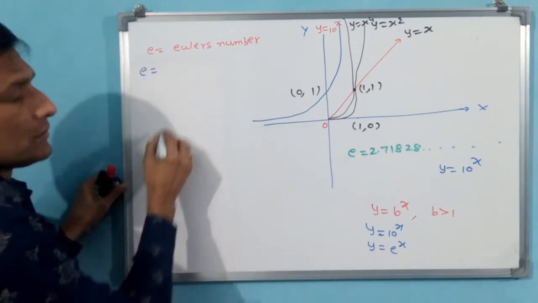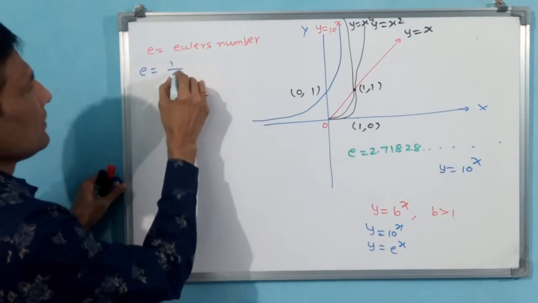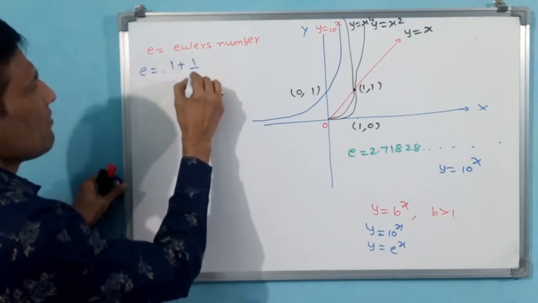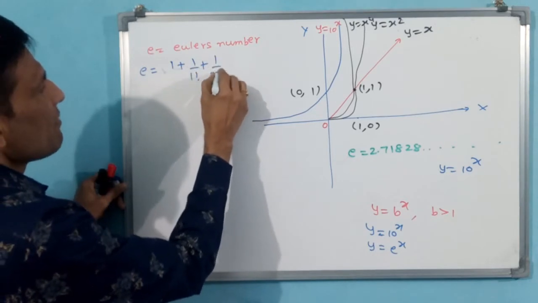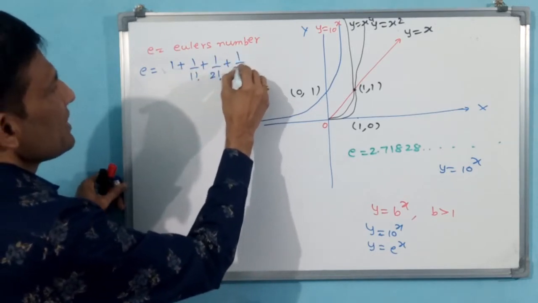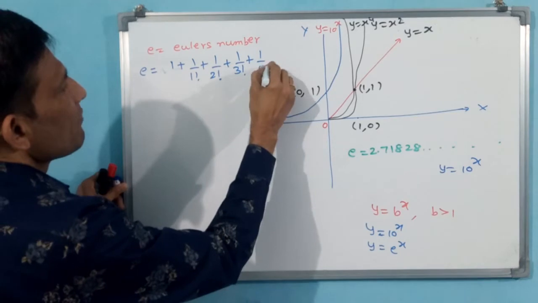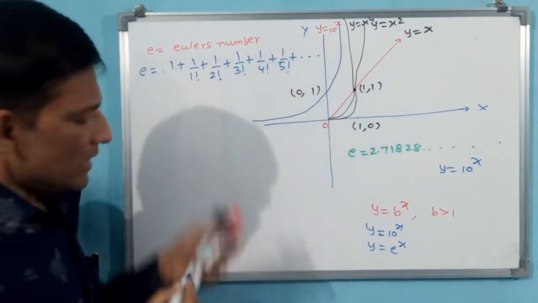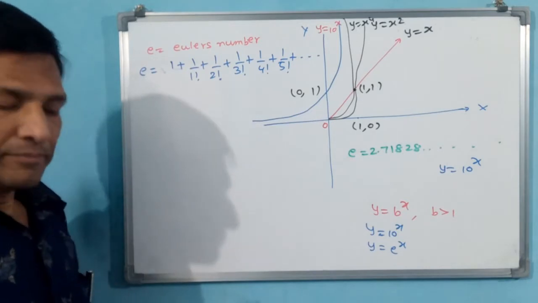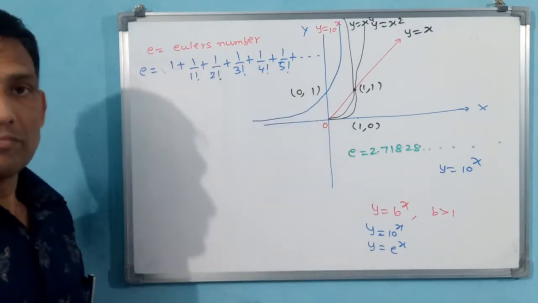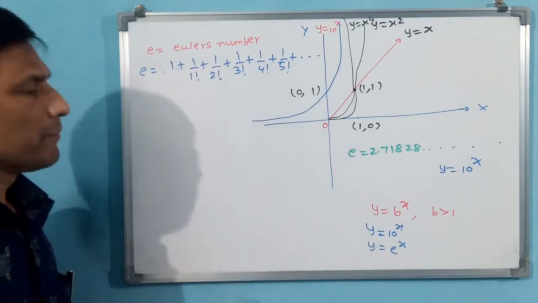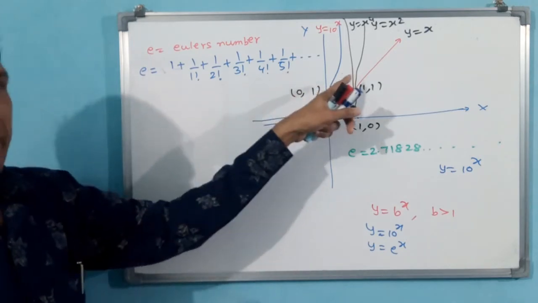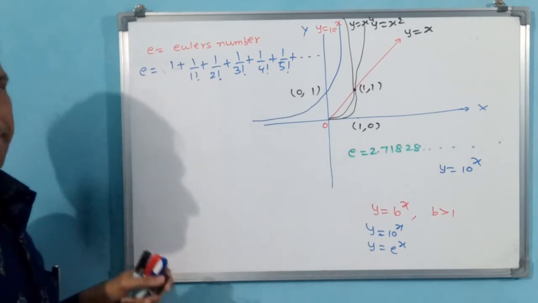e is equal to 1 plus 1 by 1 factorial plus 1 by 2 factorial plus 1 by 3 factorial plus 1 by 4 factorial plus 1 by 5 factorial plus, like this it goes on continuously up to infinity. Even though after 5, 6, 7, the value is very small.